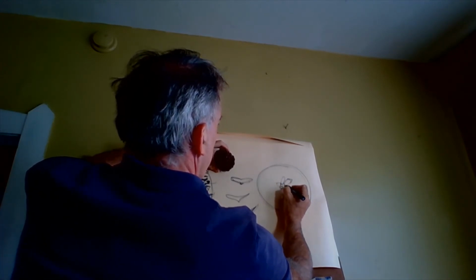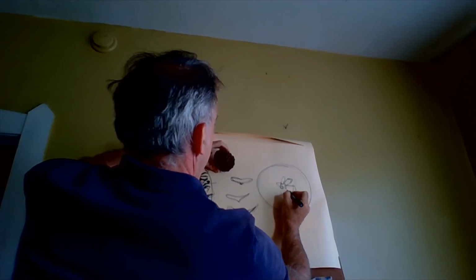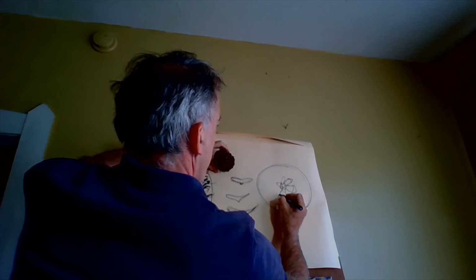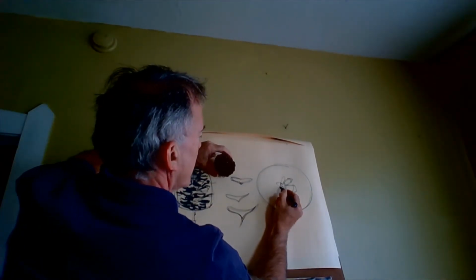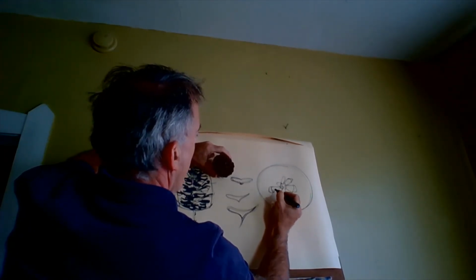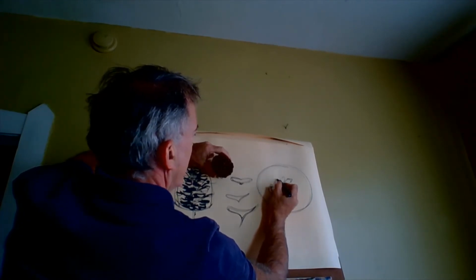And these wonderful shapes that are coming out of it. And then like that. Like it's exploding out. So I'm angling out these shapes. Go back in. And then out like that.